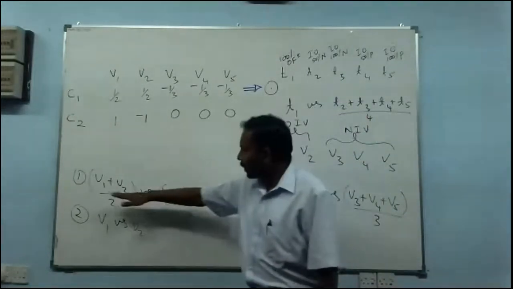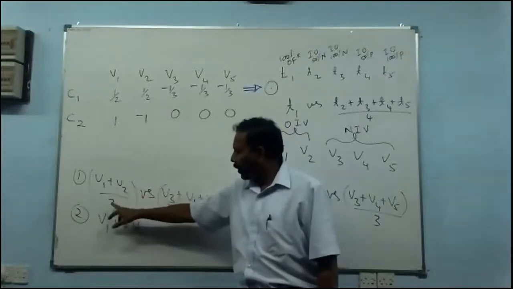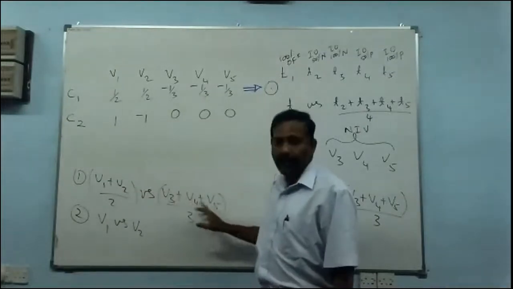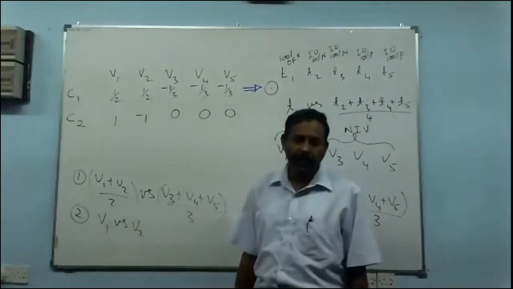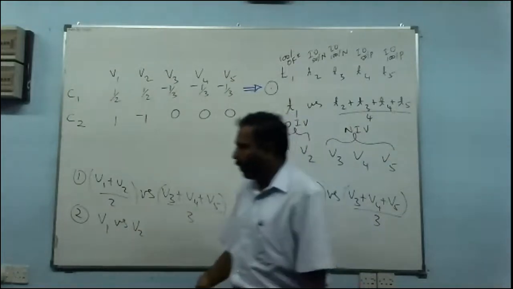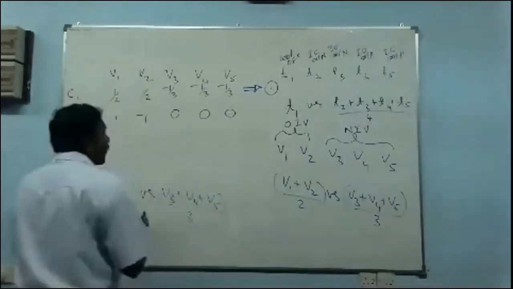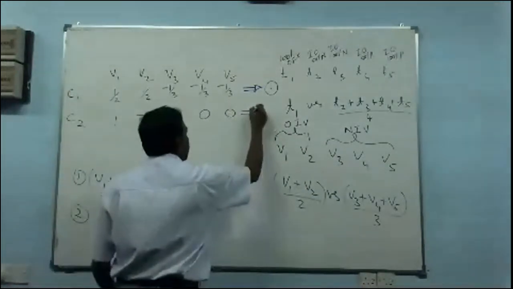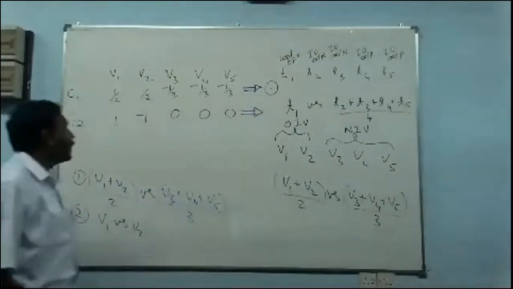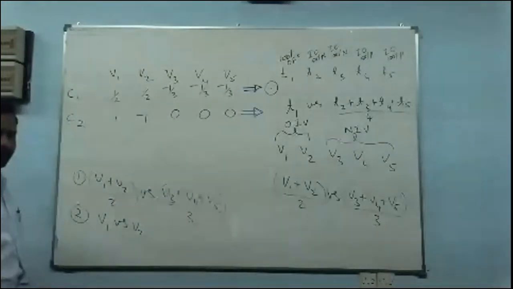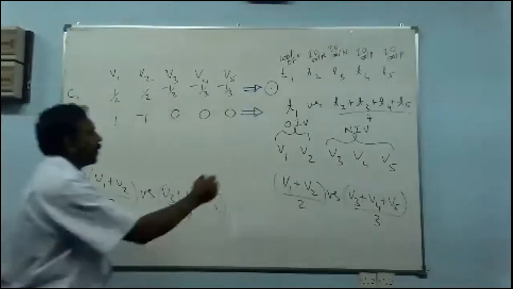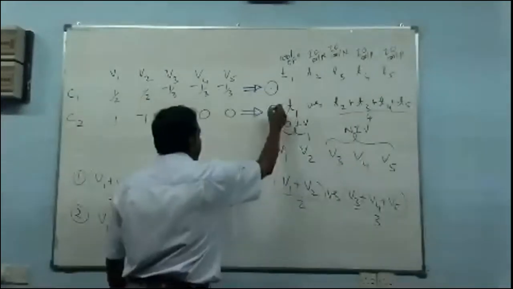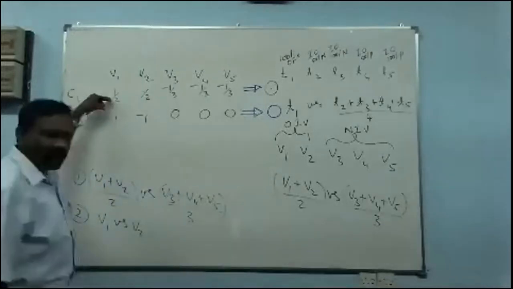In the first contrast, I am comparing V1, V2 versus V3, V4, V5. In the second contrast, I am comparing V1 versus V2. Right. Now, look at the addition of the coefficients here. What is the answer? 0. Right.